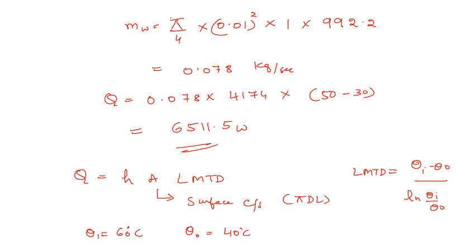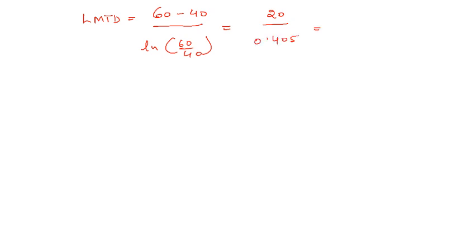Using this, LMTD comes to be 60 minus 40 divided by ln 60 by 40, that is equal to 20 divided by 0.405, that is equal to 49.4 degree centigrade.